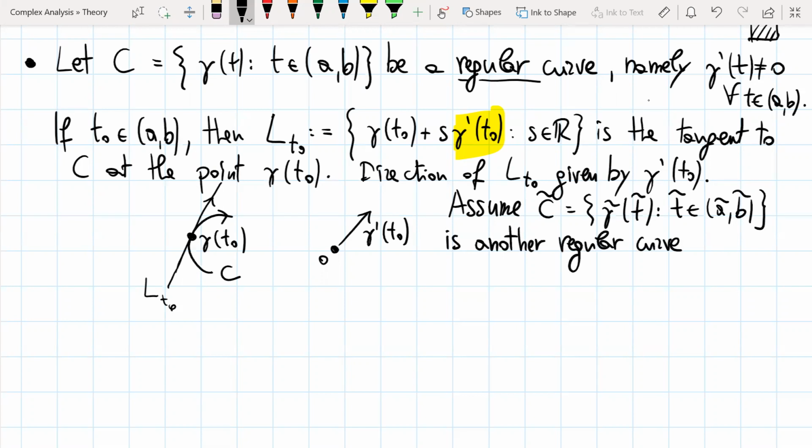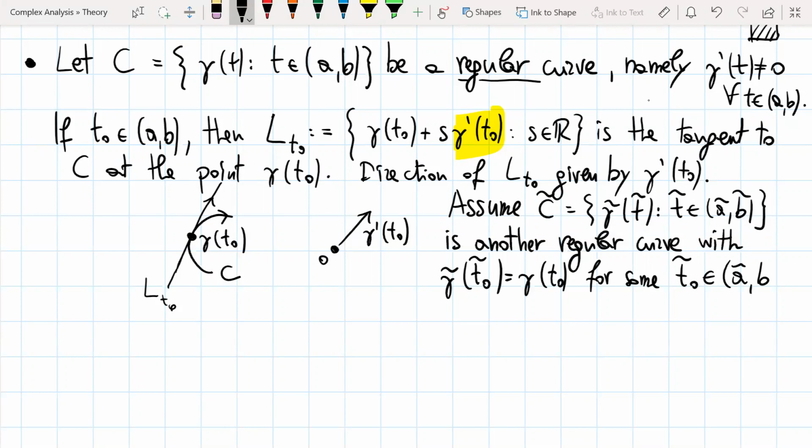And moreover, we suppose that this curve intersects the first curve. So we suppose that gamma tilde(t0 tilde) is equal to gamma(t0) for some t0 tilde in the interval [a tilde, b tilde].